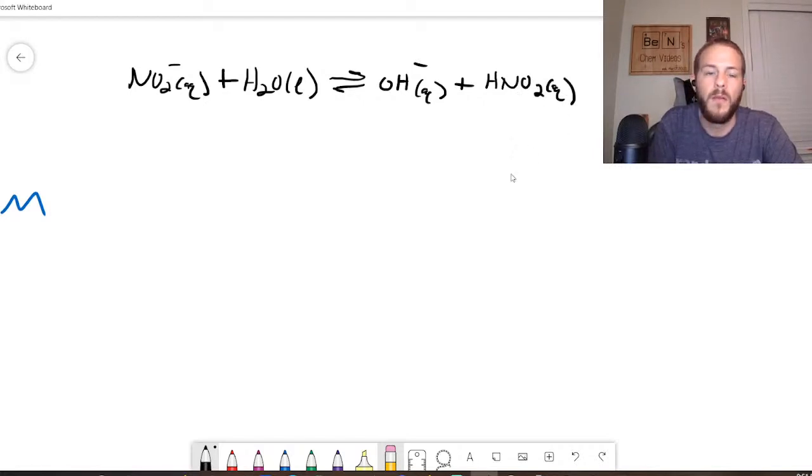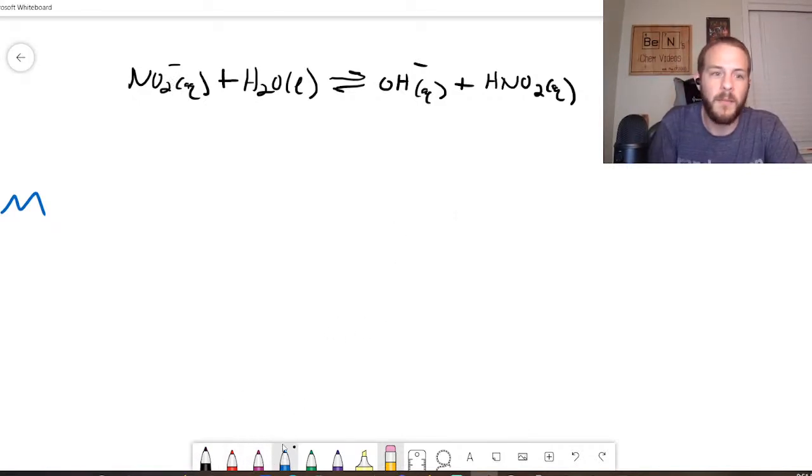So all we've done here is write the equation associated with the reaction of nitrite ion with water. The nitrite ion acts as a base, accepting a proton from water. The water acts as an acid, donating a proton, and so you're left with hydroxide, which is basically a water molecule after donating a proton, and you're left with nitrous acid, which is the same thing as nitrite ion after gaining a proton.